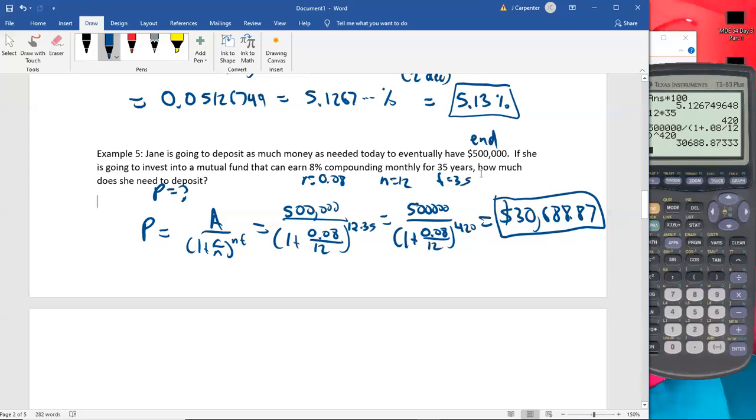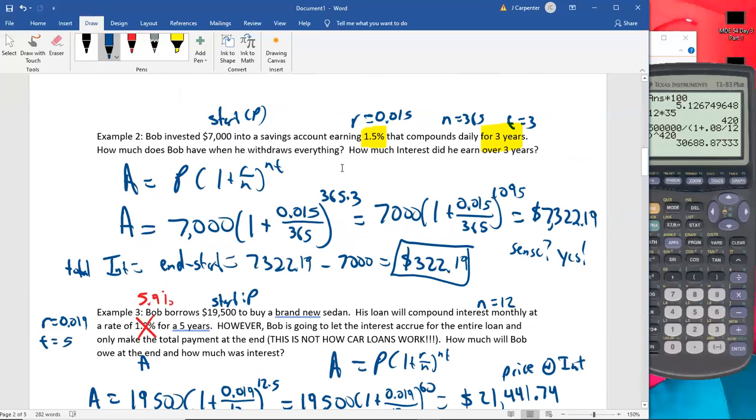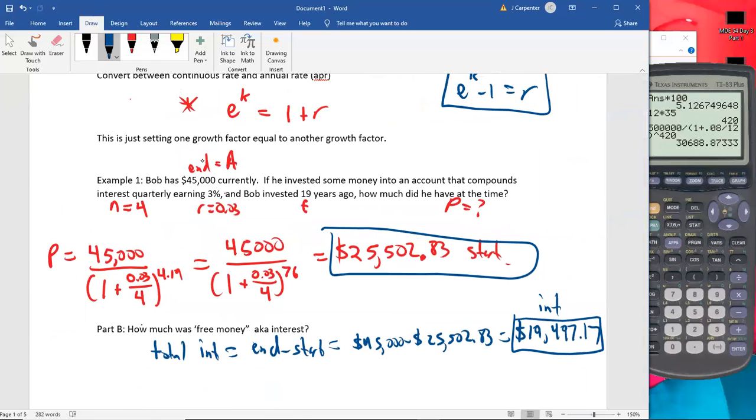All right. So I hope this has helped use these formulas, because I know I threw a lot of them all at once in the class today. So hopefully this will have helped a little, but please practice these. And what you can do is just take these examples and change a couple numbers, and it'll give you more practice plugging them in the calculator. So maybe go back to example 1 and change $45,000 to $450.